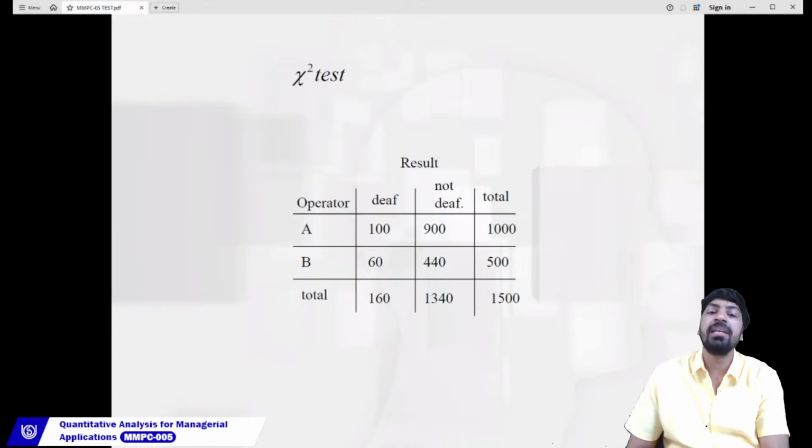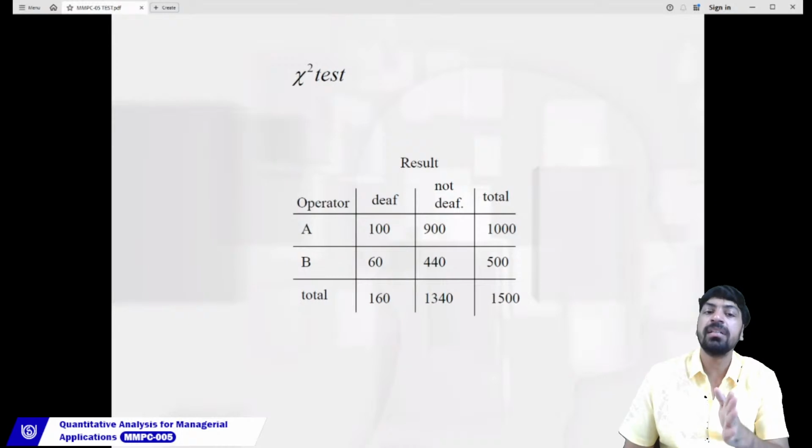So these are the values: 100, 960 under deaf and 900 and 440 under non-deaf. And this is the total. Total has been given to you, that is 900 plus 100, 1000, 440 plus 60, it becomes 500.